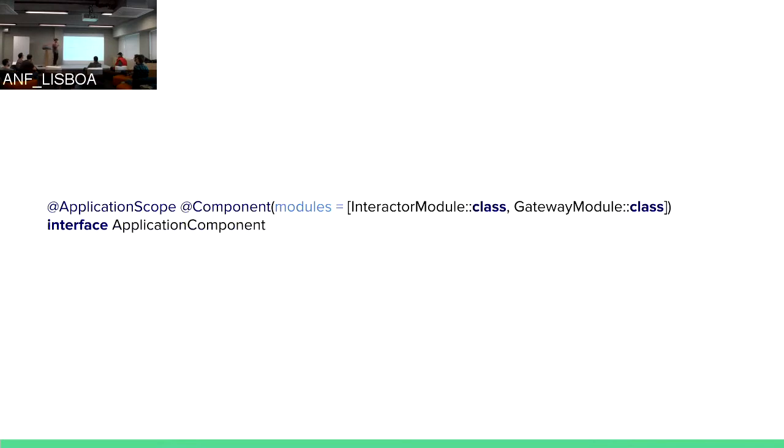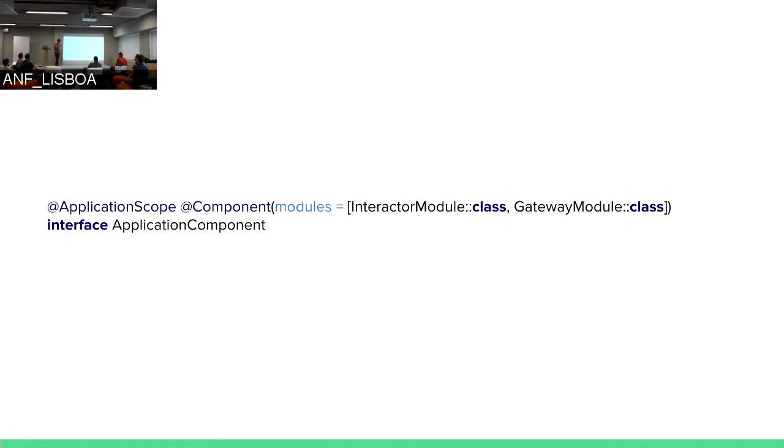Okay, so we create the application component. This talk is not for beginners, so I expect you to know a little bit about it because I'm not going to spend a lot of time explaining it. But yeah, you have the application component that will hold the instances, the objects that will live as long as the application lives. So when we create this interface, afterwards Dagger will generate code for that.